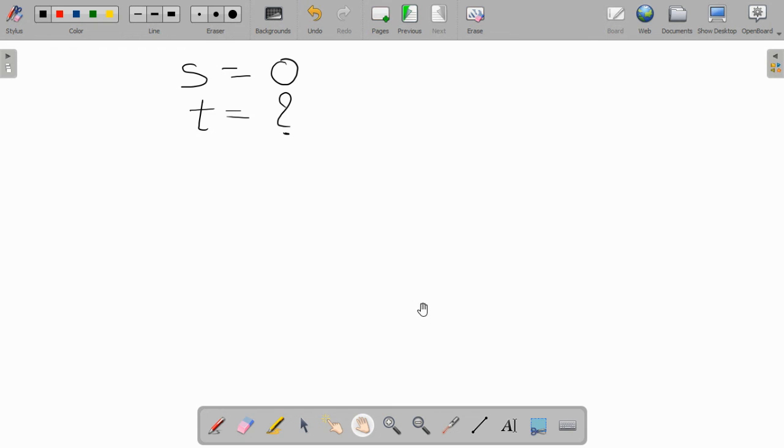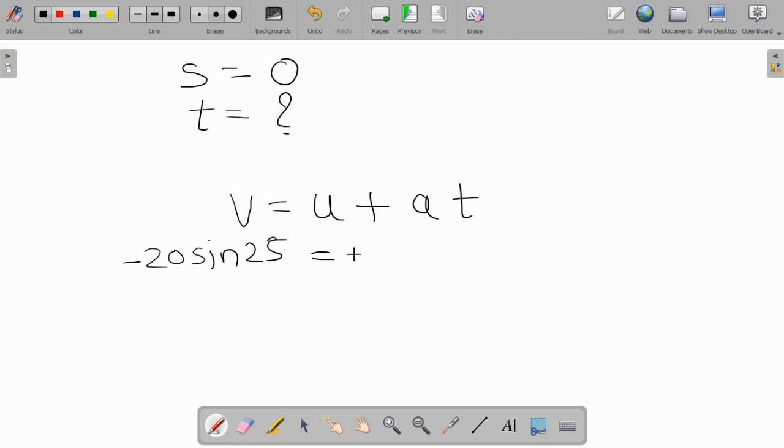Okay. Now we know the first and basic kinematical equation which is often used by students, v is equal to u plus at. Final velocity we just put as minus 20 sin 25. The initial velocity was 20 sin 25. a was minus 10 and t is what we are required to find out. We will just simplify this equation.